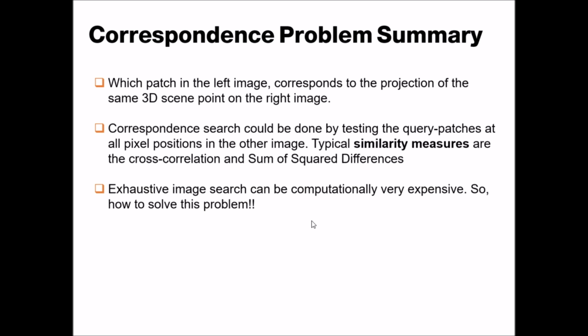Usually if you have big images or videos, sometimes the calculation will be more complex and need to be solved. We have some mathematical ways to solve this, but we will not discuss this in this class because we don't have time for it. So this is just the idea of the correspondence problem and how to solve it by the similarity measures.